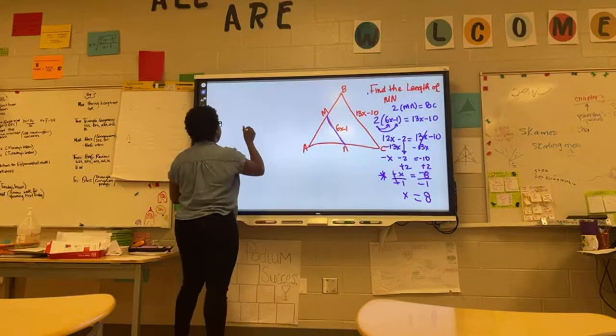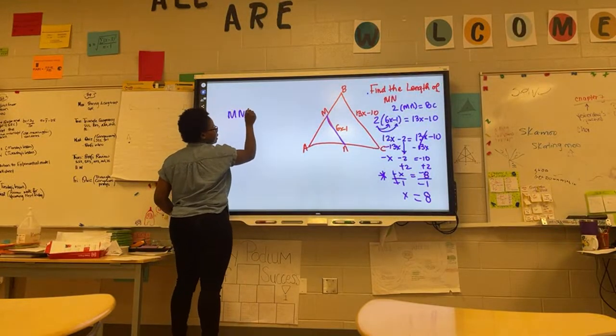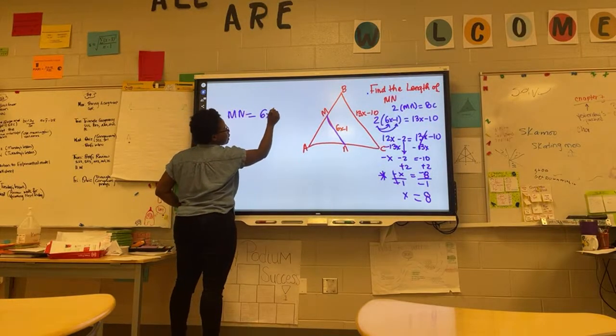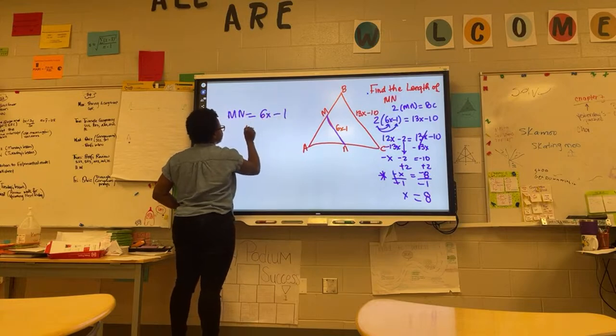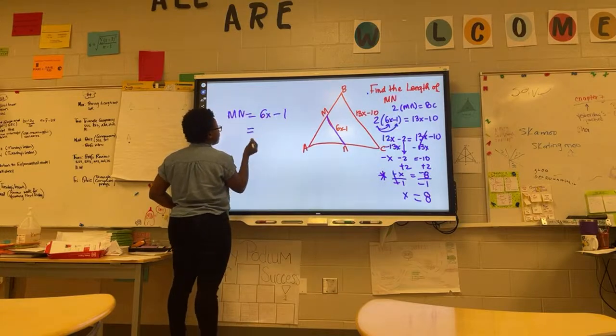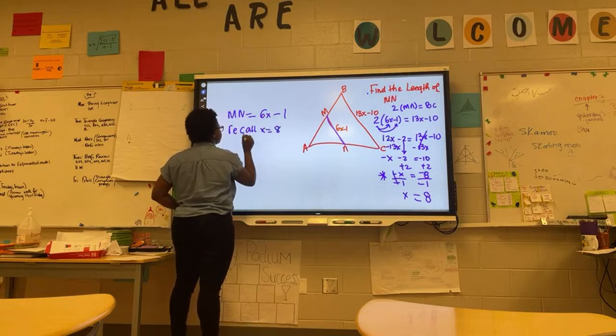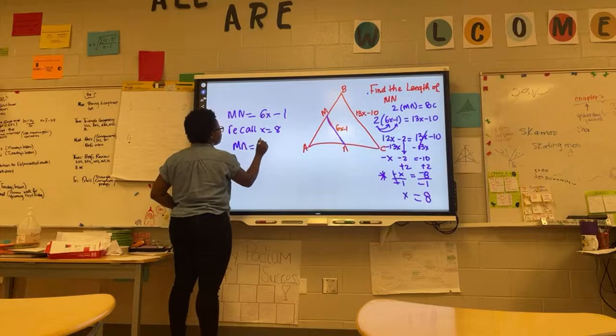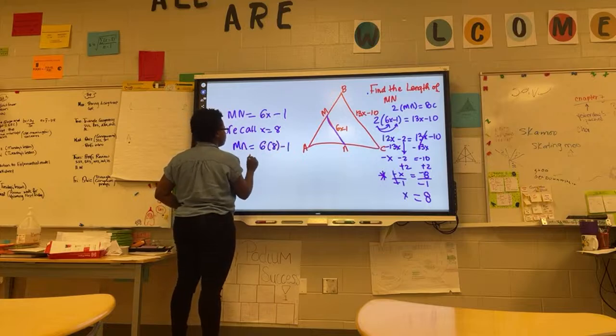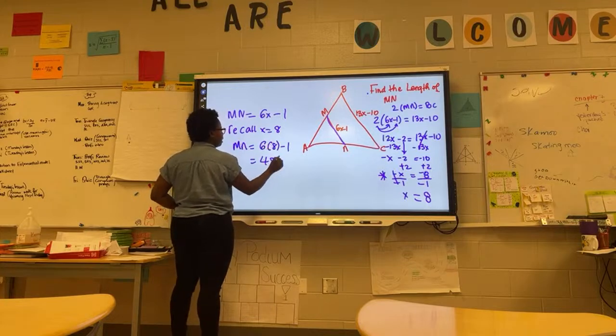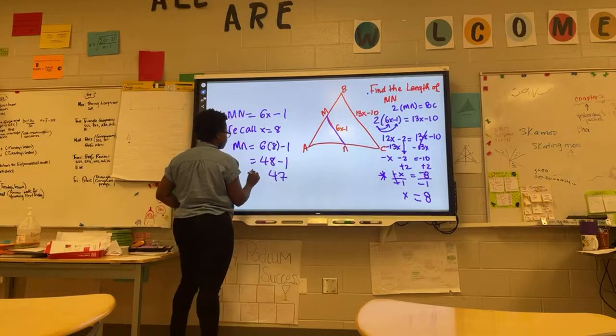Alright, let's go. So MN is equal to 6x minus 1. So x is equal to 8. So MN is equal to 6 times 8 minus 1. 6 times 8 is 48 minus 1 to give you 47.